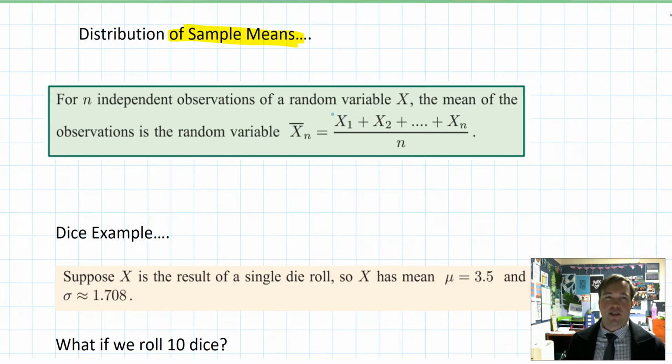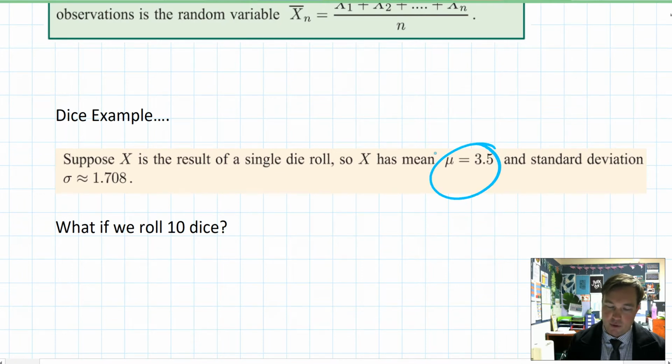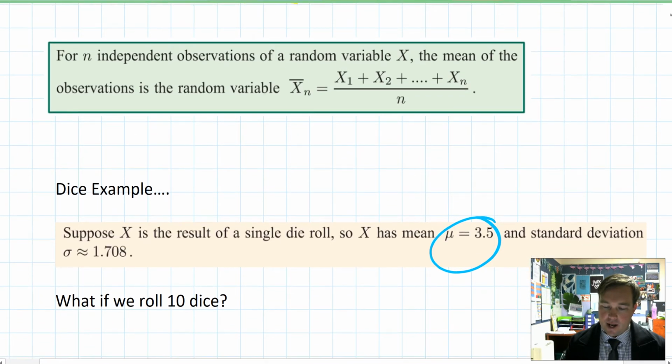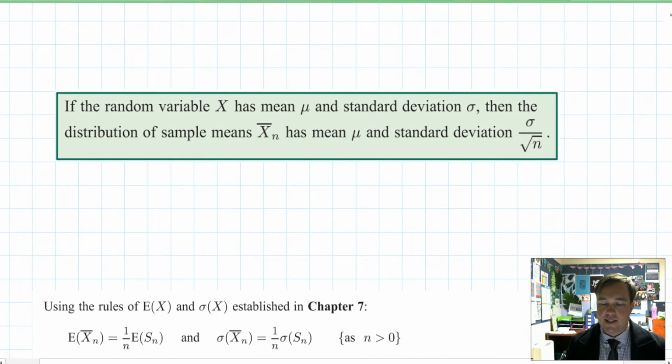And it shouldn't surprise us that if we roll 10 dice and take the average of each dice, meaning we add the outcomes together and divide by n, then we still get a mean of 3.5. However, what we should find is that the standard deviation is much lower for the sample distribution mean.